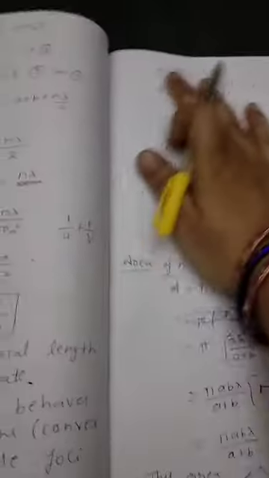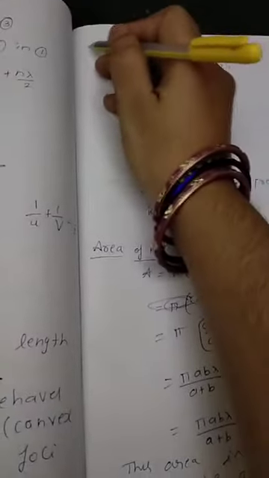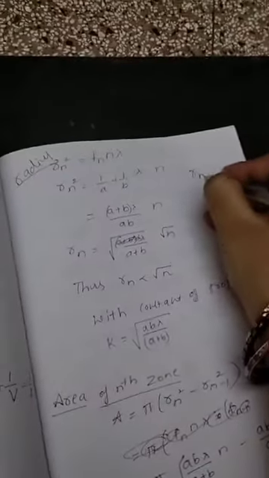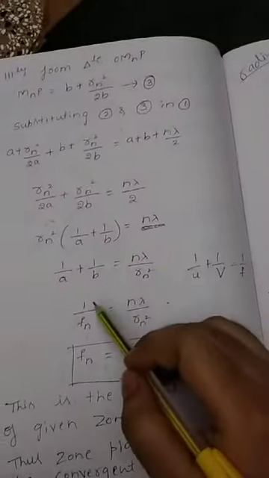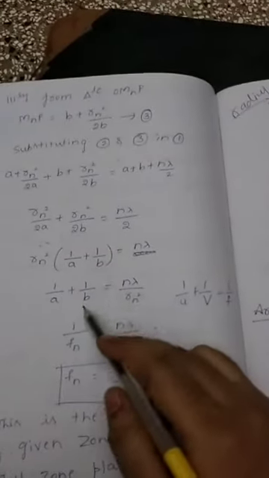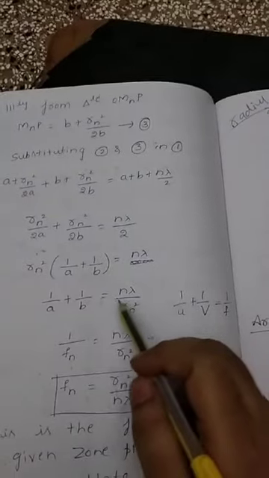Next, we will be concentrating on the radius of the zone plate. I already told you the radius of the zone plate Rn is proportional to root n, but I don't know what the proportionality constant is. So from this expression I can find the proportionality constant. I can write 1 by a plus 1 by b is equal to n lambda by Rn square.